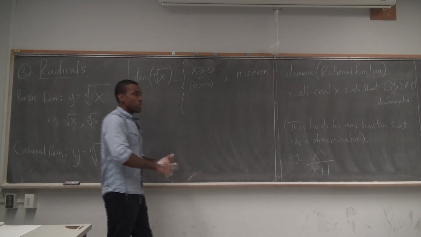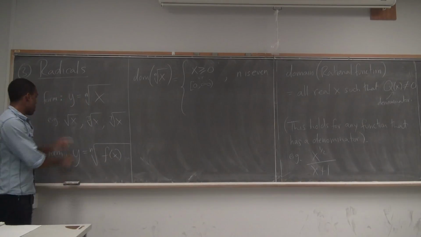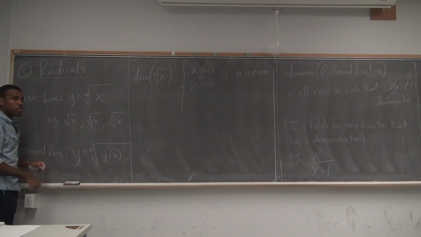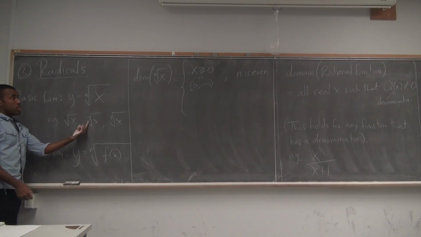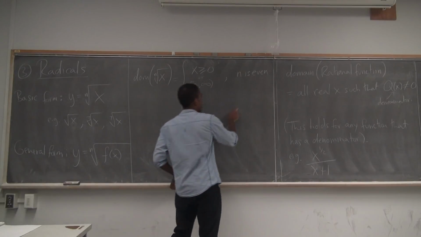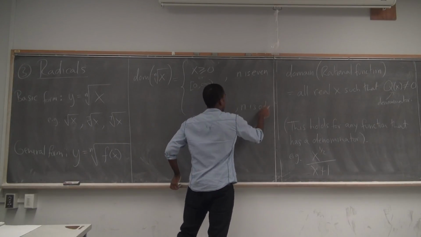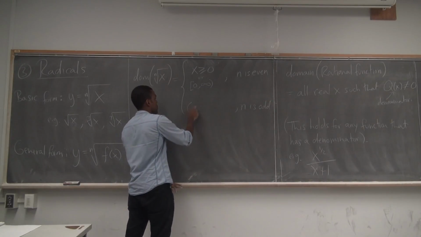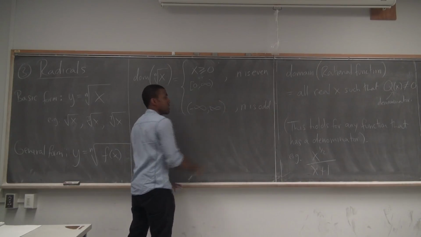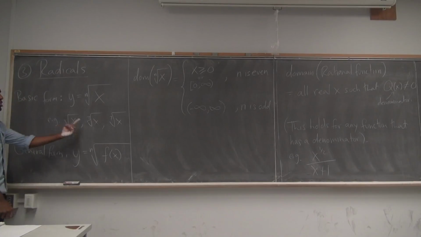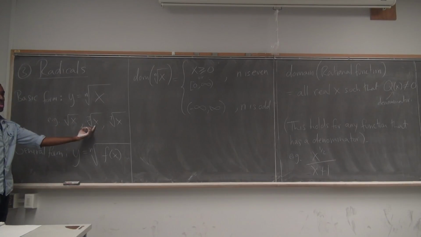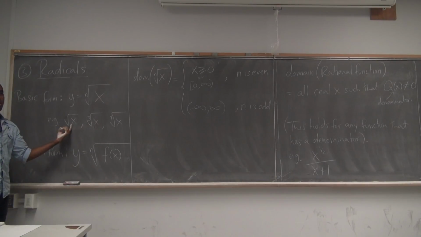If you have a square root, a fourth root, a sixth root, an eighth root, if the number here is an even number, then what's underneath that radical has to be 0 or bigger. If the number here is an odd number, it actually works everywhere. So it depends on which radical. This works for all real numbers. That only works when x is 0 or bigger.